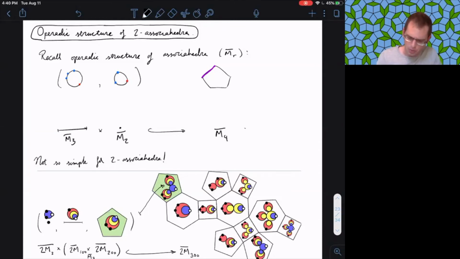Then the way that this works is we take disks with 4 and 3 marked points, and we just stick the output of one of them to one of the inputs of the other.